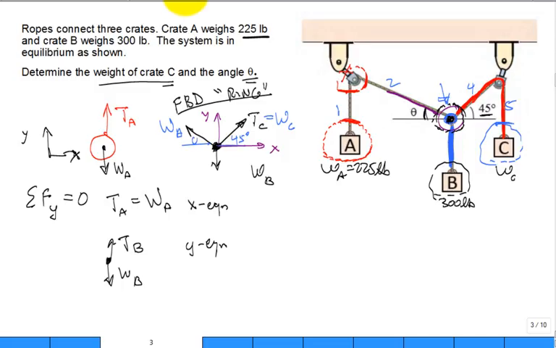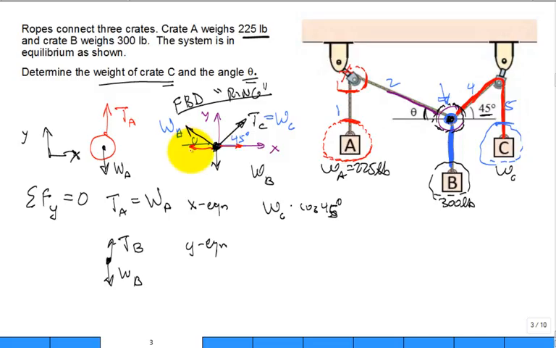Now, you can do it in a couple steps because I'm fighting for space. Let me just say it like this. I'm going to pick off the x component of the tension in the cable C, which is equal to the weight of C. So it's the weight of C times the cosine of 45 degrees. I'm dissecting it into x.